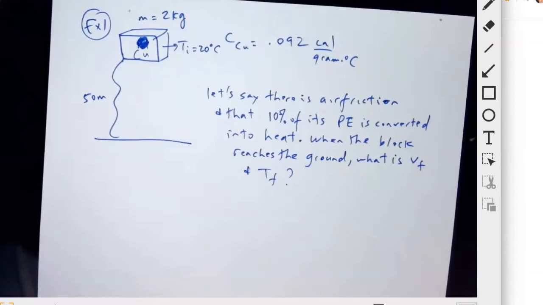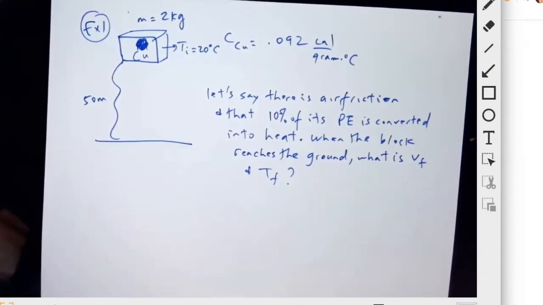So its potential energy is not completely conserved, and it doesn't completely go into kinetic energy. That's why when it finally falls to the ground, its kinetic energy is less than it's supposed to be, and the object is a bit hotter. So when it hits your head, it's not only going to be going fast, but it's going to be hotter. So what is its final temperature?